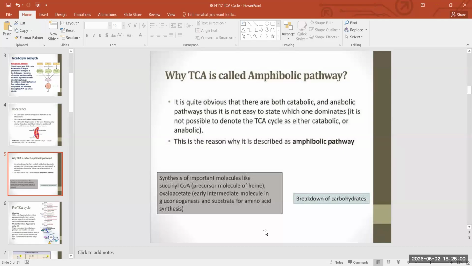If you say so, you are correct. It is the first product produced in the TCA cycle. So I can say that oxaloacetate combines with acetyl-CoA to form citrate. Am I correct? Yes, you are correct. Very, very correct. Thank you for that question.